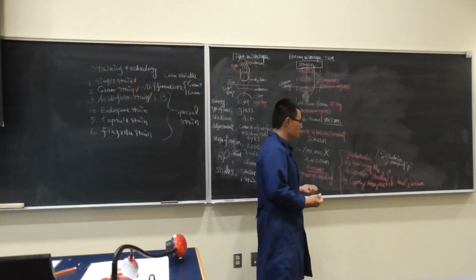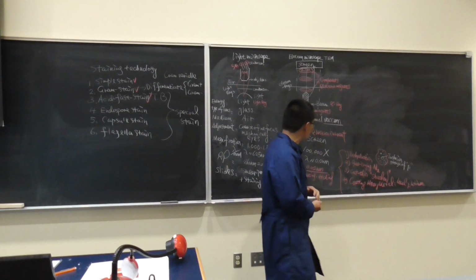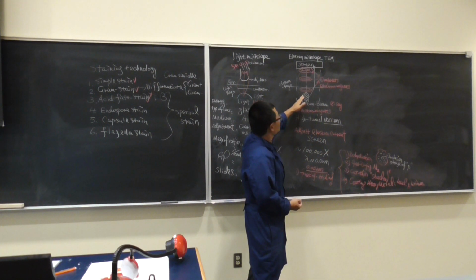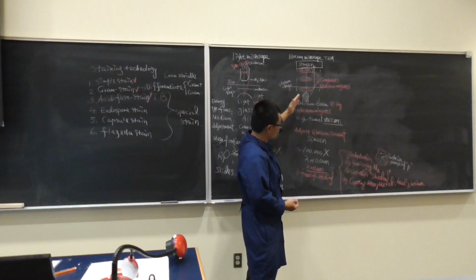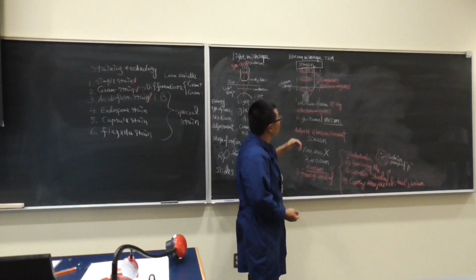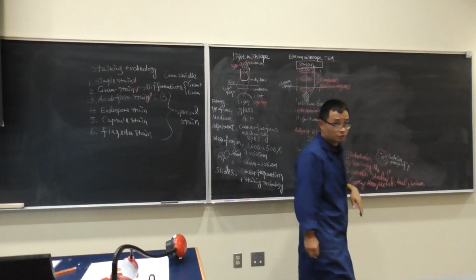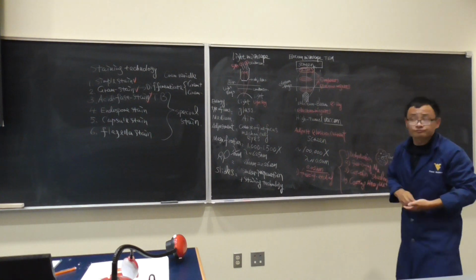And it's a freeze drying. You have to cut into very small pieces, and then you put it into the tunnel. And it's all adjusted by the electron current and shown on the screen. So this is a transmission electron microscope.